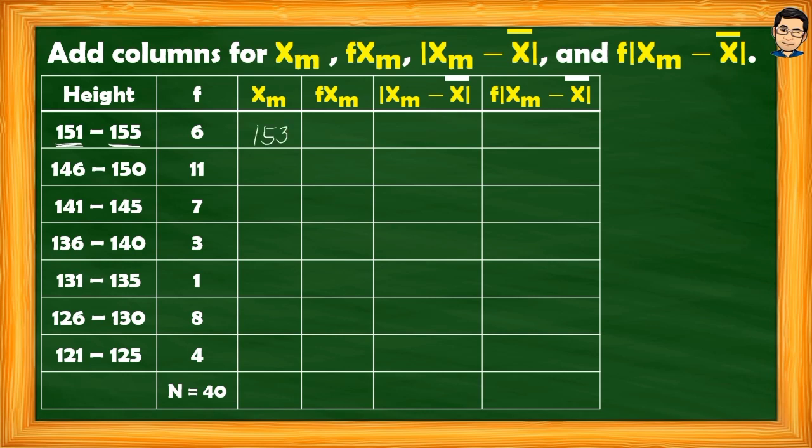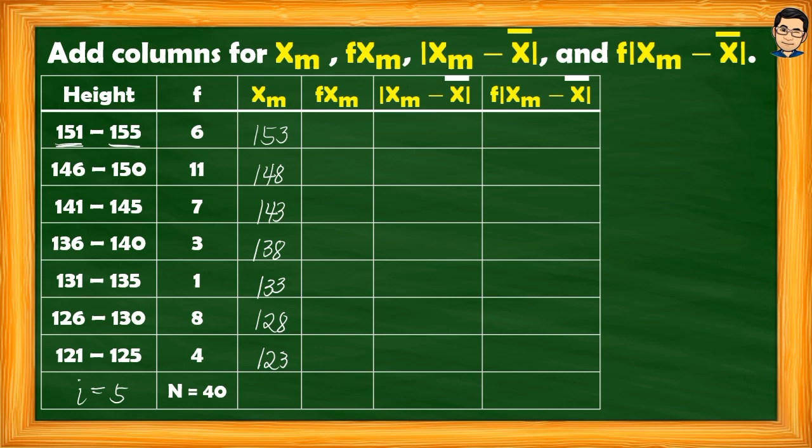When the class interval is an odd number, we take the middle value right away. Then the class interval, which is 5, we subtract from 153 going down. That is the easiest technique. So, 153 minus 5 is 148, then 143, 138, 133, 128, and 123.